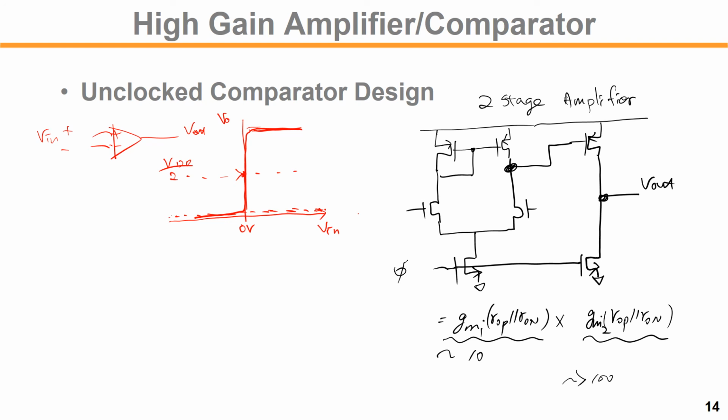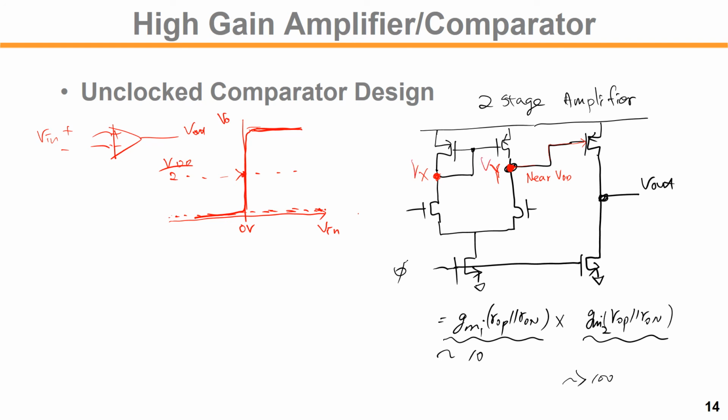One thing to note is that the output common mode level of this first stage would be near VDD, because this is the balanced differential pair. The left-hand side nodes X and Y are around a similar voltage range, so voltages Vx and Vy are near VDD.